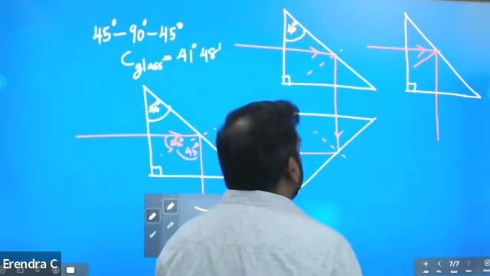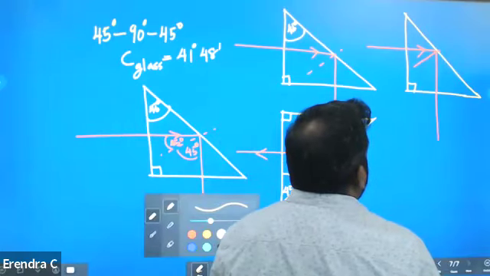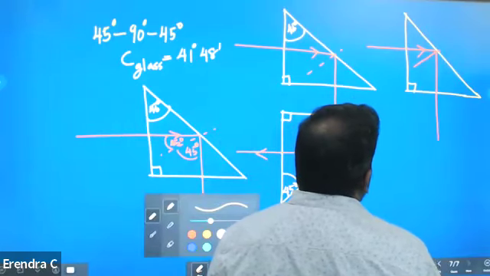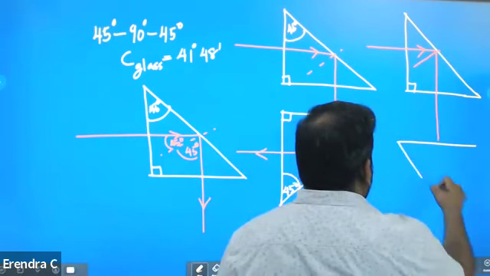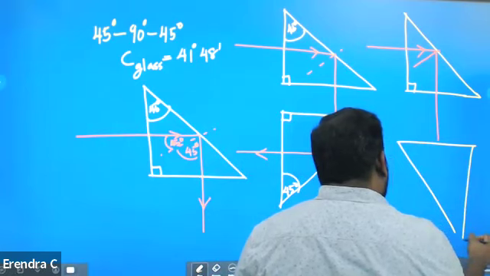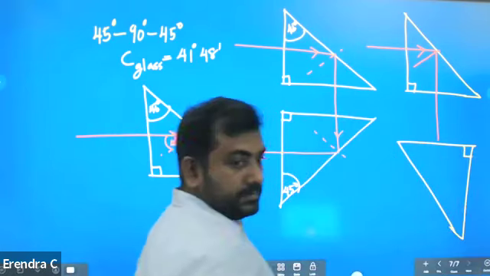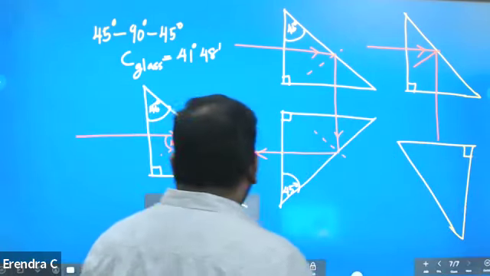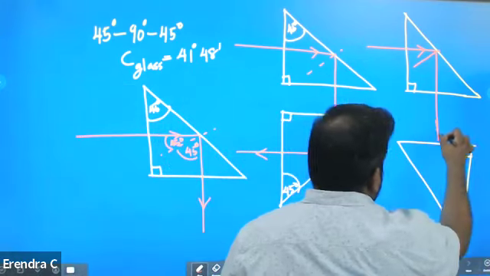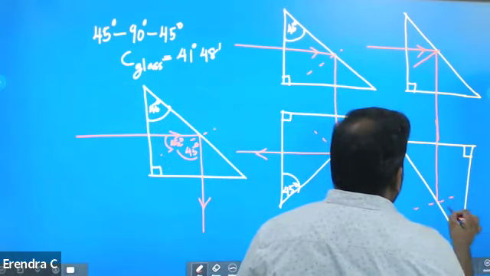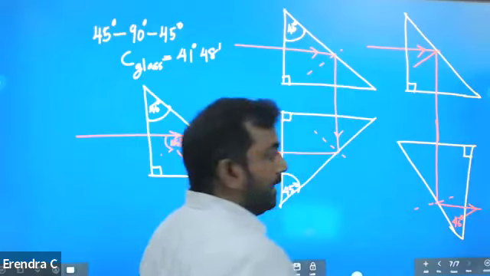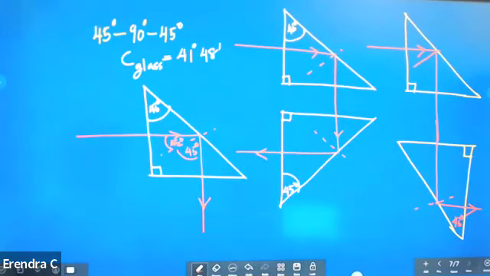Have a look. Make sure the reflecting surface is here. Now light rays will come here, normal, here 45. Total internal reflection takes place.